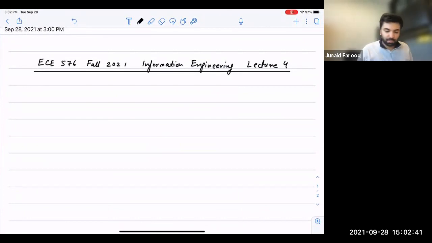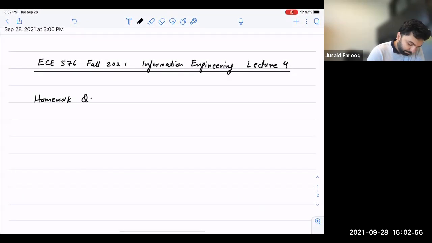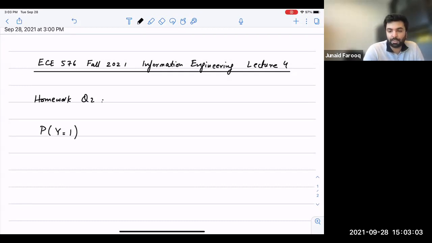There's something about Bayes' theorem, and you had to evaluate the probability of y equals 1. You were only given conditional probabilities, and you didn't have the complete probability of y equals 1.